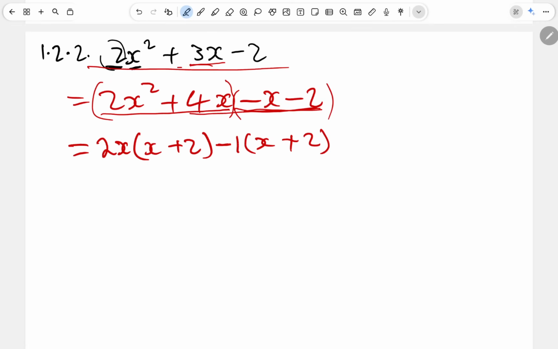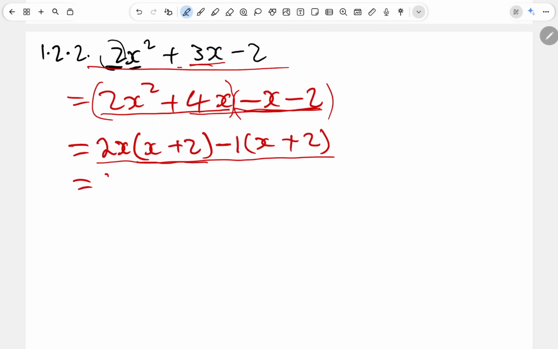From here, we will take out the bracket common factor. The bracket common factor is x plus 2. It's like a highest common factor from this expression.